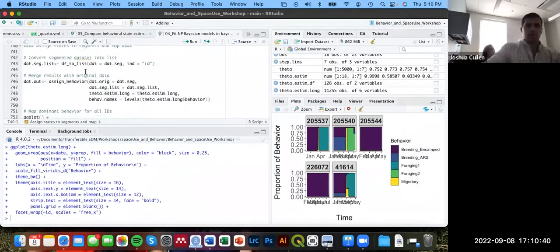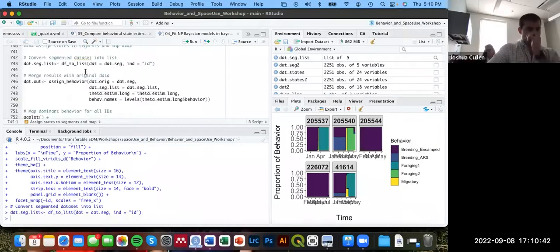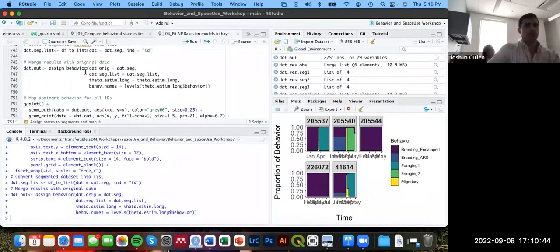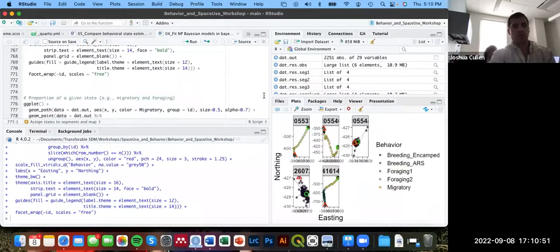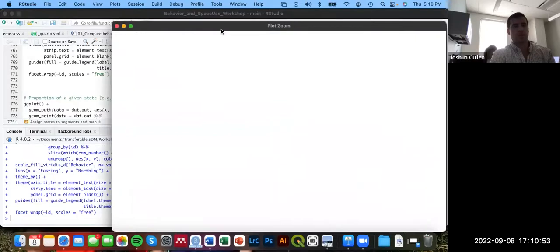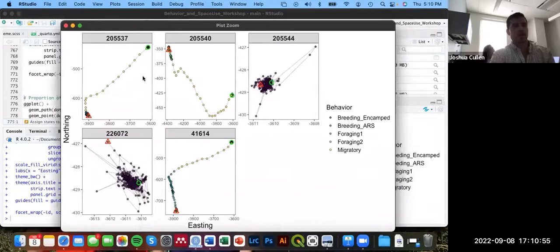And now if I assign these behavioral states back to our original data set using these proportions from the track segments, we can look at maps of these tracks with the associated behavioral state annotations. So we see for some of these individuals that we have these migratory periods that are well classified, and then other periods essentially at the beginning are foraging or some form of breeding or encamped or ARS behaviors.